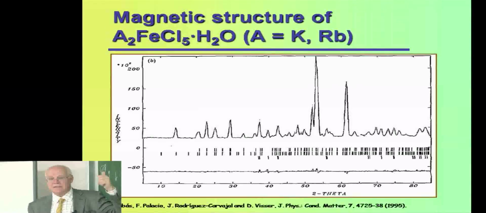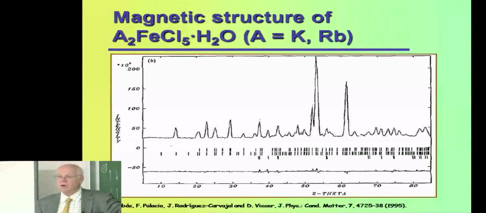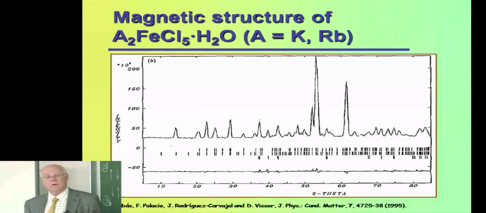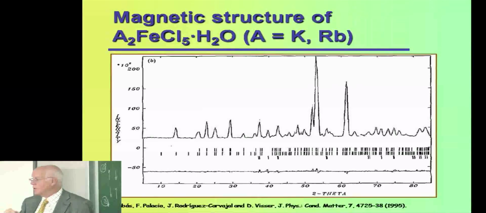So in a single analysis, we get the nuclear and the magnetic structure. These correspond to a very small impurity. This is the difference, which indicates that we got a very good fit. And if you remember, this is one of the crystals we were using for the impurities, so we needed to study the magnetic structure before.